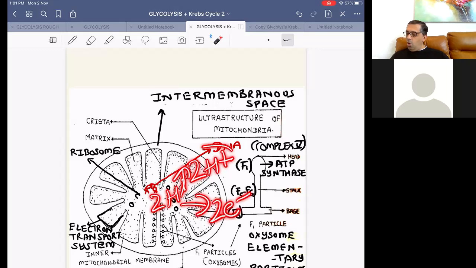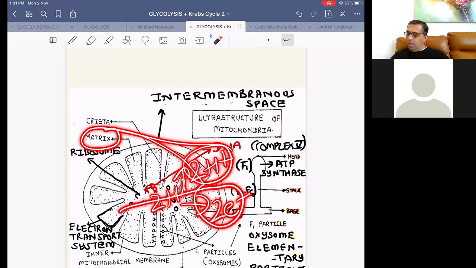The protons remain in the matrix, whereas the electrons go into the inner mitochondrial membrane, where we have a series of electron acceptors. So who was the hydrogen acceptor?